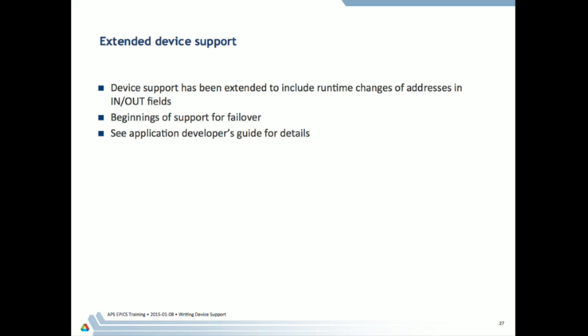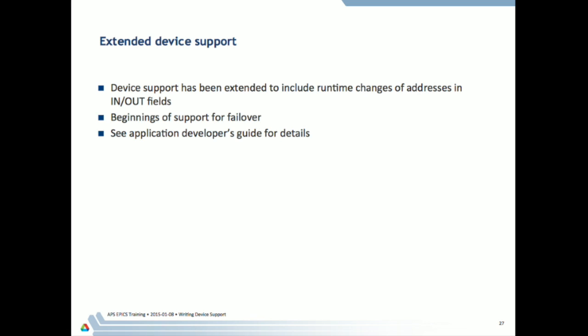One of the things that we've done, and it's now been there for quite a while, is we've extended device support. Originally, once you set the device address and the DTYP at IOC startup, you could never change it afterwards.